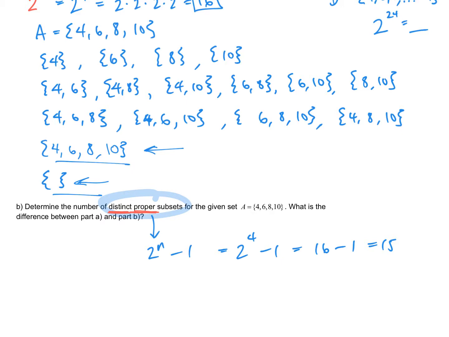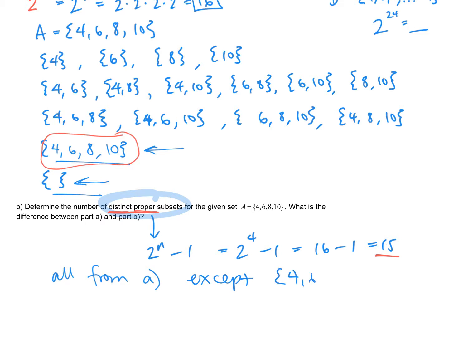The proper subset says A can't equal B. So this one right here that counted as a subset of A doesn't count as a distinct proper subset. So 15 is all the same as up here, all from A, except the entire one, 4, 6, 8, 10, the entire set A. That's the difference between the number of distinct proper subsets and the distinct subsets.